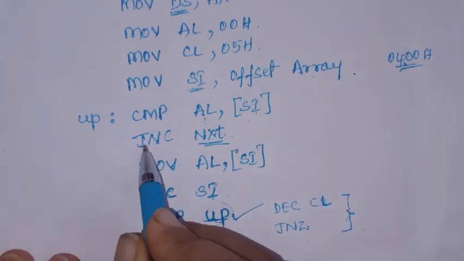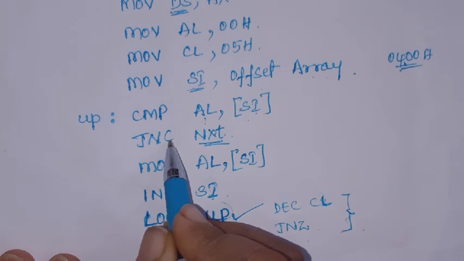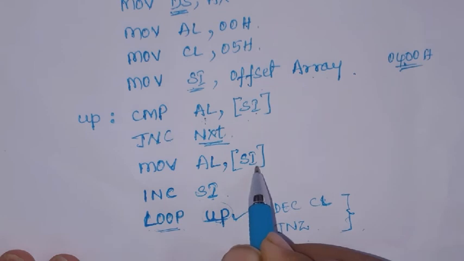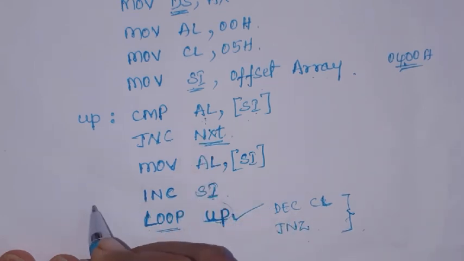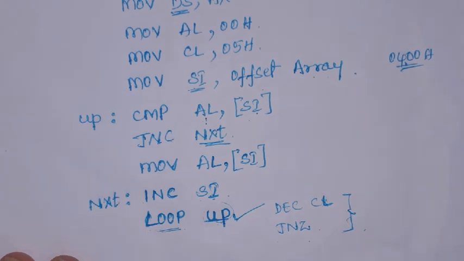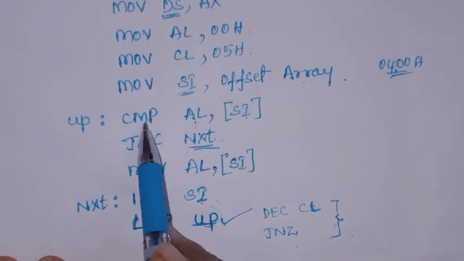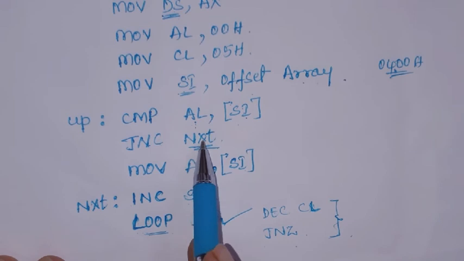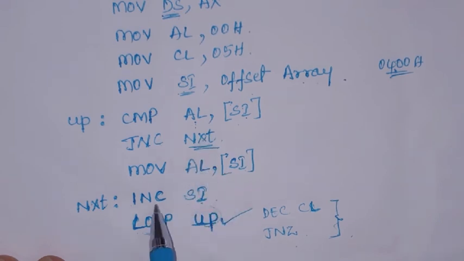Here one more, jump on no carry. If there is no carry, no need of this instruction, it should come directly to increment. Understood? Compare. If there is no carry, then increment SI. If there is carry, move the contents from memory, the largest number, to AL, and then increment SI.